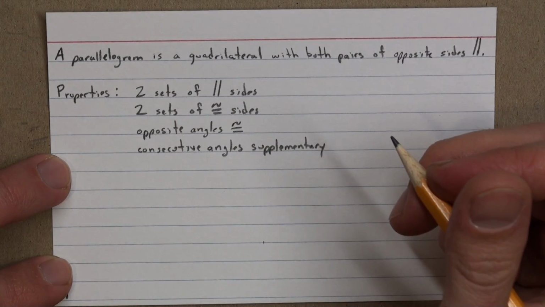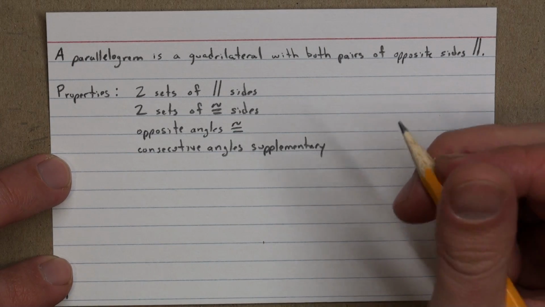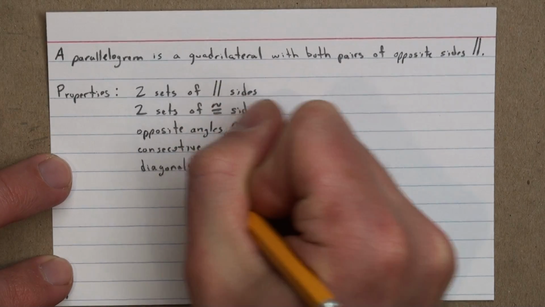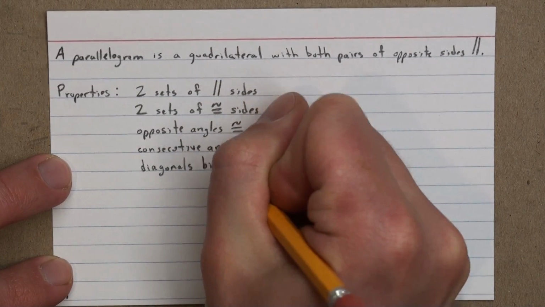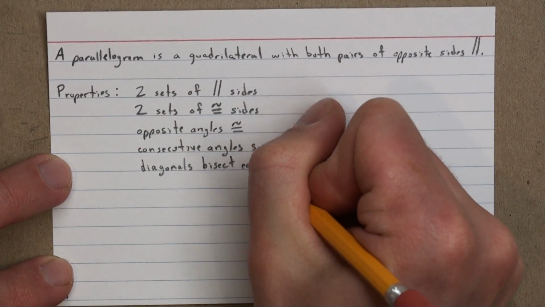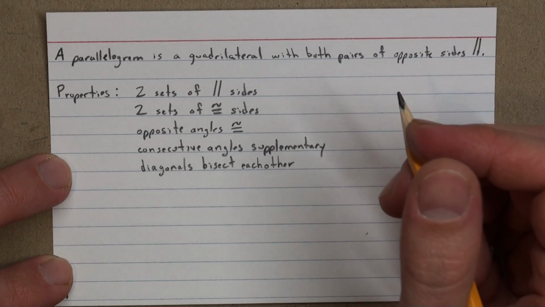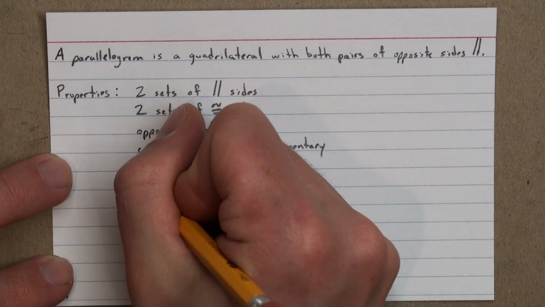Right? The diagonals bisect each other. The diagonals form two congruent triangles.